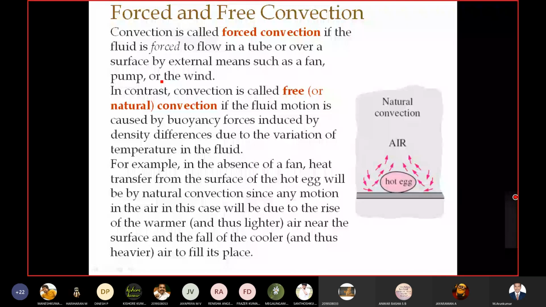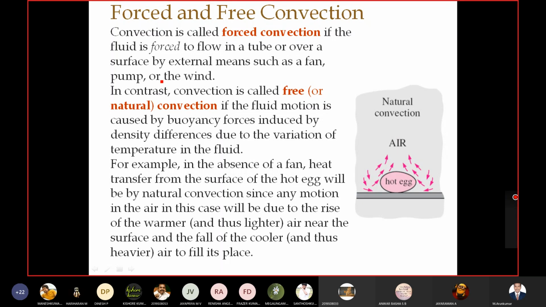In contrast, the convection is called free convection or natural convection if the fluid motion is caused by buoyancy forces induced by density differences due to the variations of temperature in the fluid.